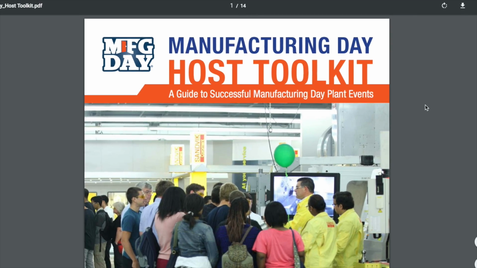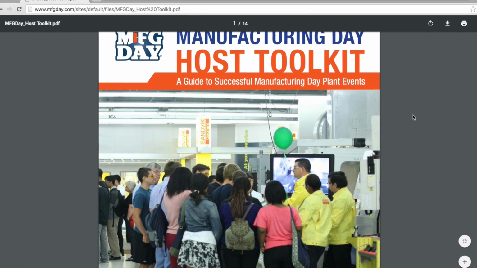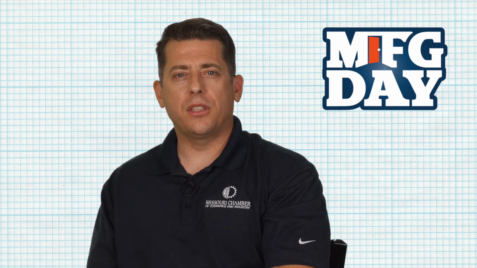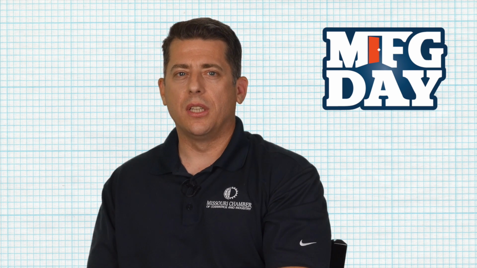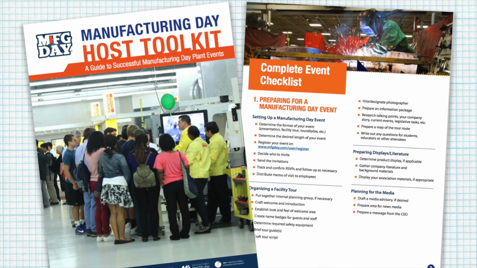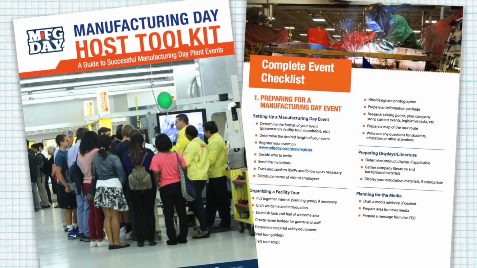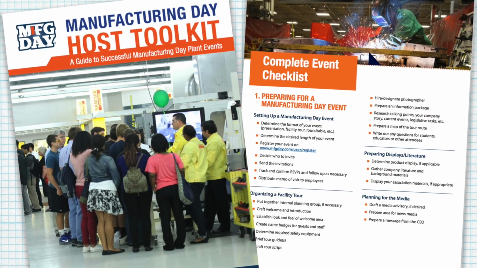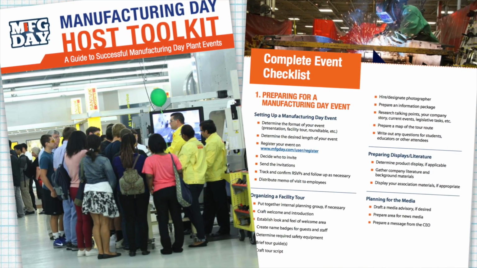It provides an overview of how to host different types of events in your community, the planning process that goes with hosting, how-to guides for messaging to different audiences during Manufacturing Day, tips for a successful event from signage to scripting to display boards, as well as offering best practices from previous Manufacturing Day hosts. The Host Toolkit can be an invaluable resource to getting started in this process.